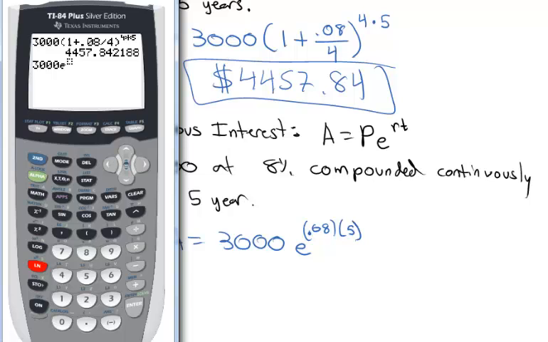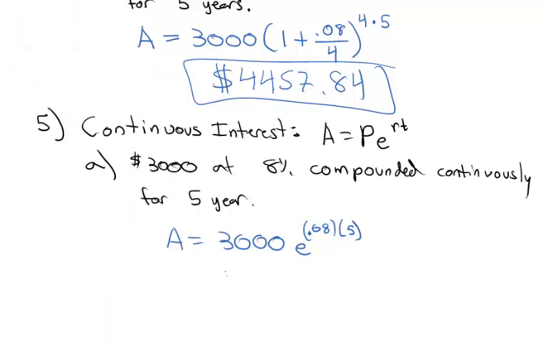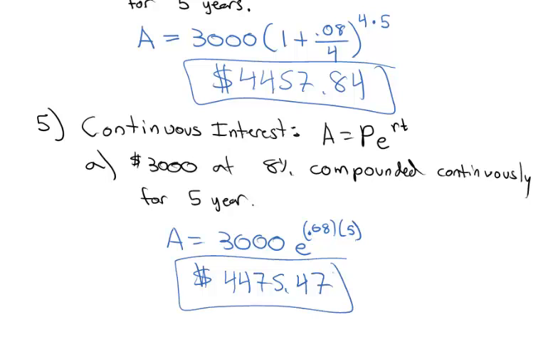Since that's already taken care of, we can just type in 0.08 times 5 and hit enter, and we have 4475.47. So a little bit more money, about $20 more, if it was compounded continuously.